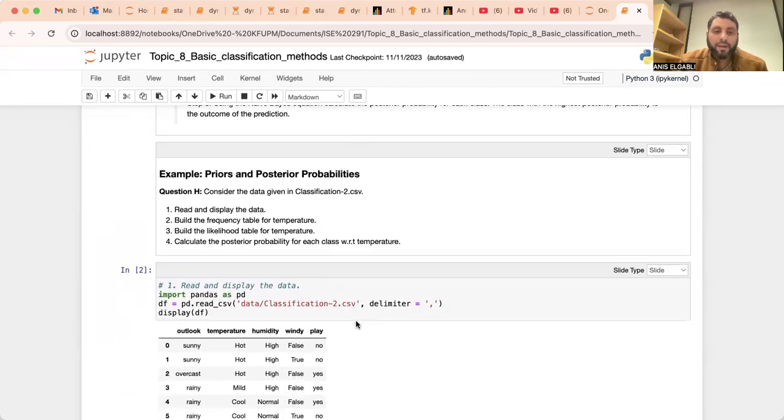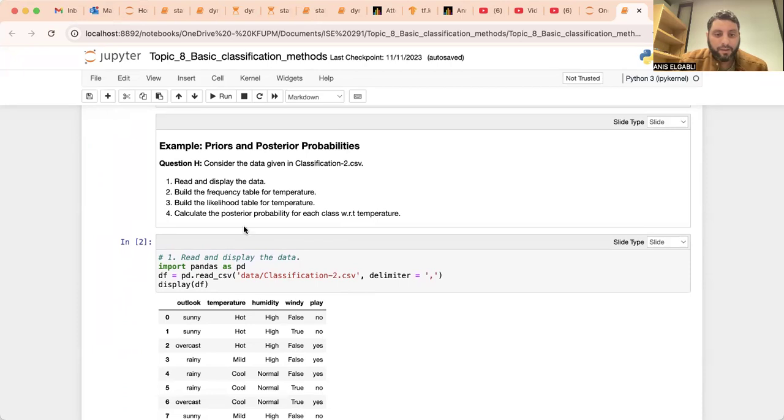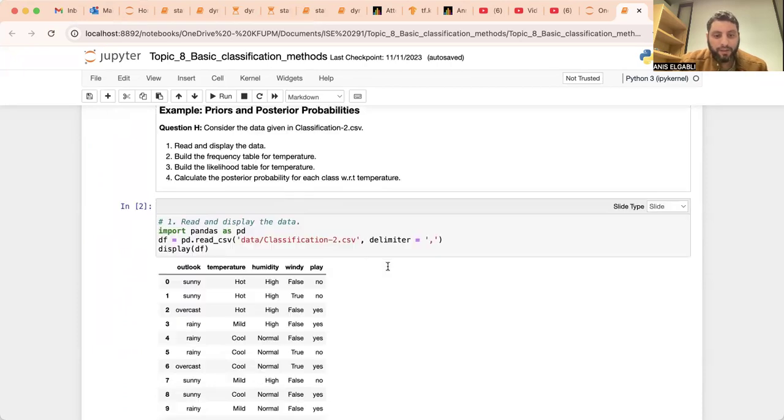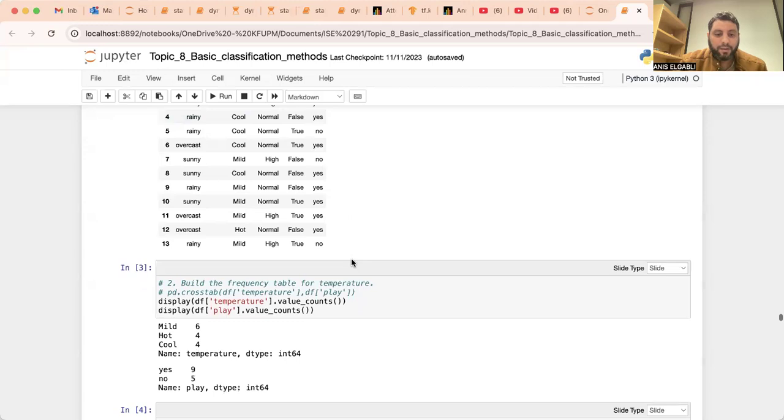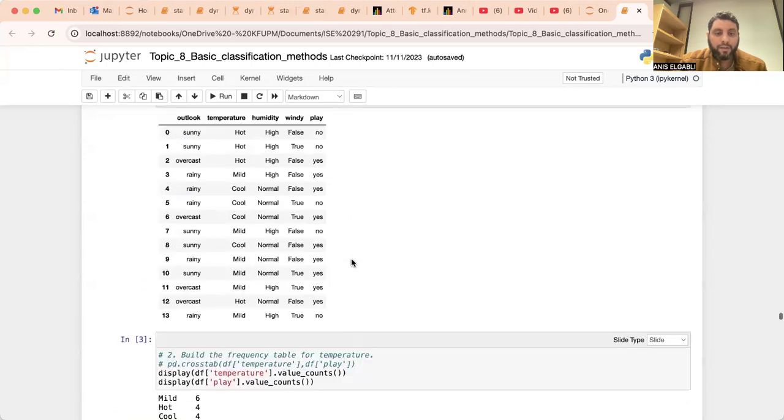Okay, let's look at how we compute all the probabilities. We're going to work with this example here. We load this data. We have those 4 features and the target variable. Now focus on one attribute, let's focus on the temperature here.